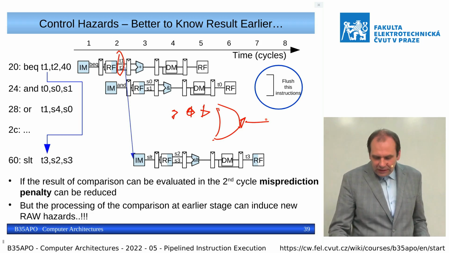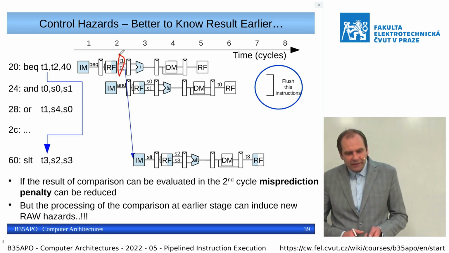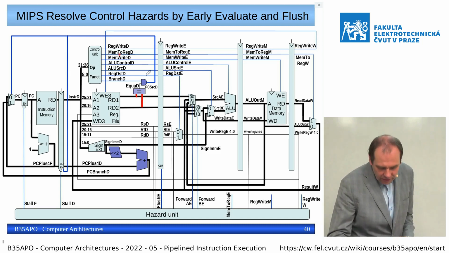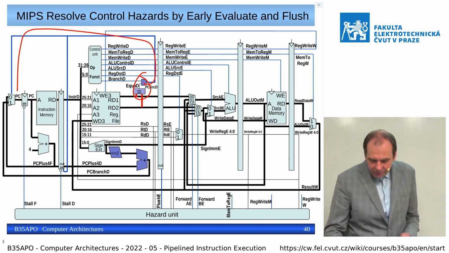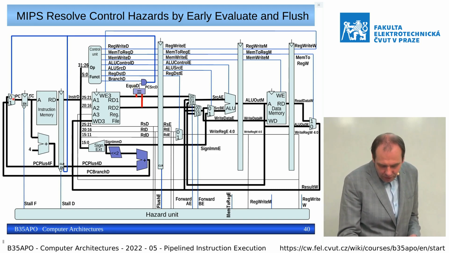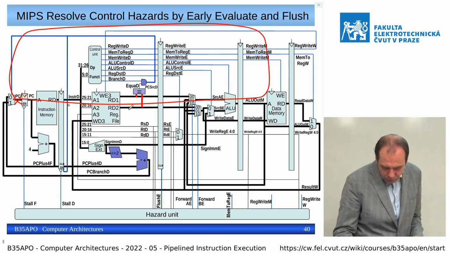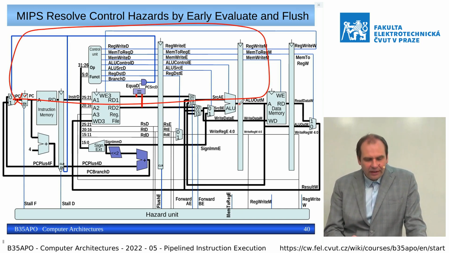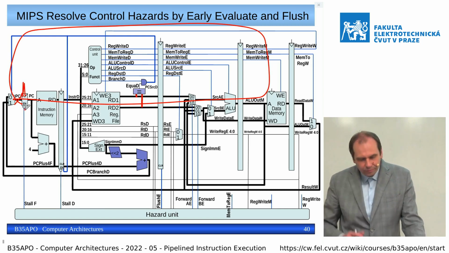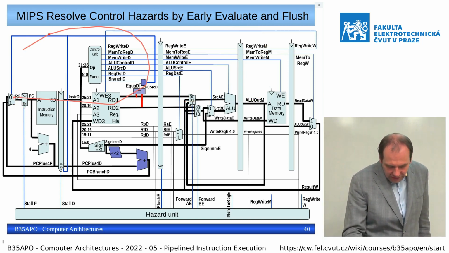So one option is that we add a second circuitry to compare the registers directly when they are read from the register file, and this one decides what to do with the branches. This way we have lowered the number of interstage registers inside the loop from 1, 2, 3, 4, meaning 3 which need to be flushed and 1 which is there as a result of the sequence of instructions, to only 2 interstage registers.